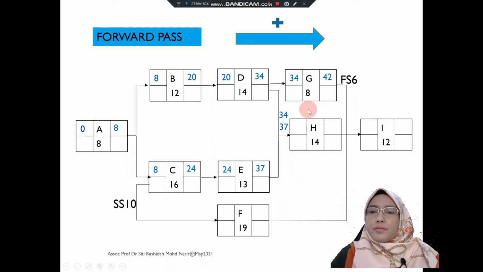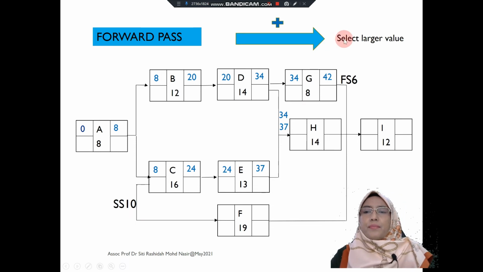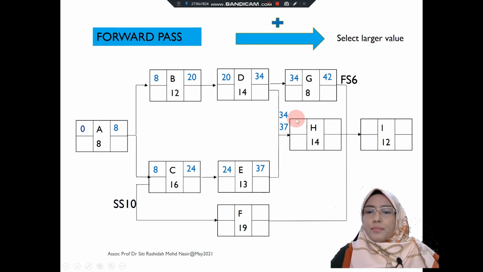Like I mentioned to you earlier, in the forward pass, you take the larger number. So in this case, the larger number is 37. So early start for activity H is 37. 37 plus 14 is 51. Okay, we stop there first.